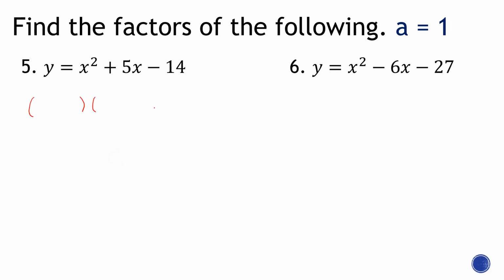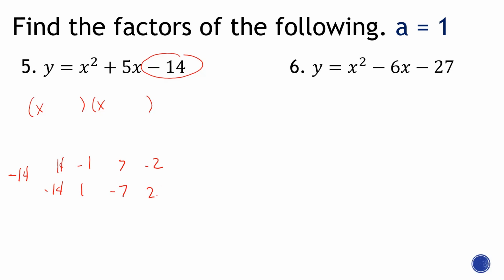So again, this is a product of two binomials. Consider the constant negative 14. Find the factors of negative 14. 14 and negative 1, negative 14 and 1, 7 and negative 2, negative 7 and positive 2. So we have 4 pairs here.